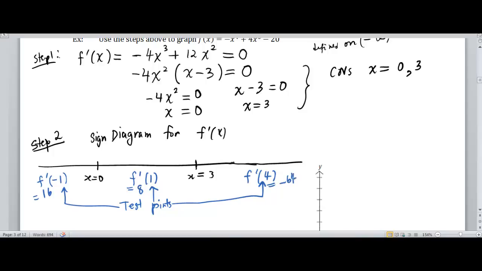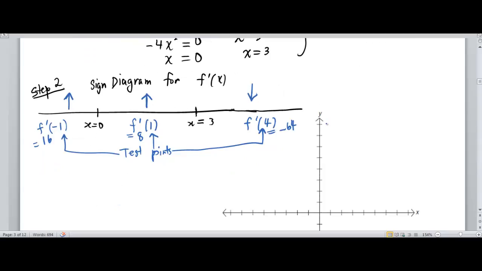So that tells me that this is positive. If the first derivative is positive, the original function f is increasing. Second, the first derivative again is positive, so my original function is increasing. Did I say decreasing? I meant to say increasing. And here negative 64 is negative, so that means my original function is decreasing.